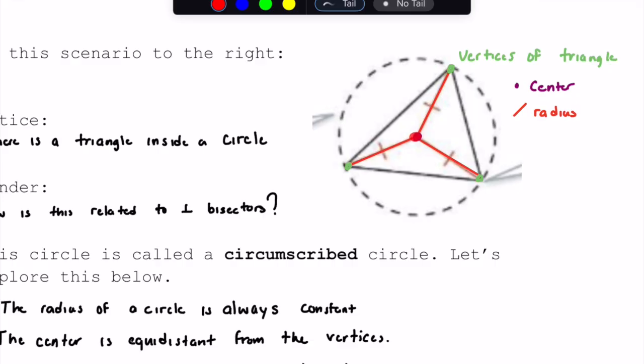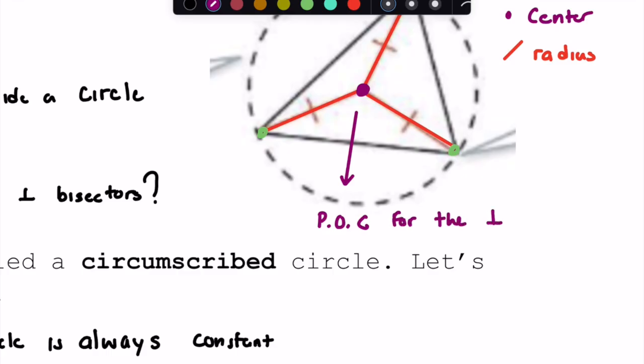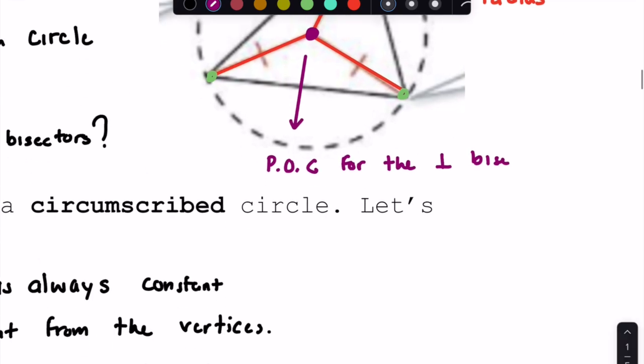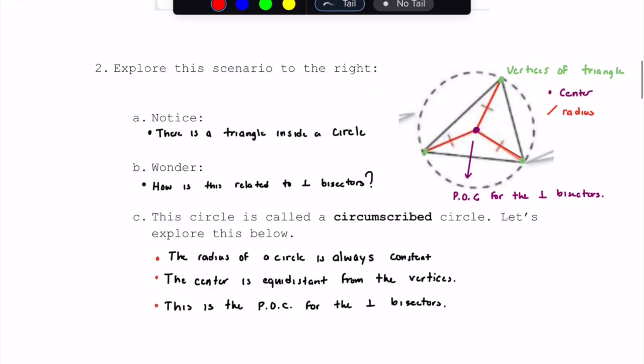The center of the circumscribed circle is the point of concurrency for the perpendicular bisectors. And I want you to note that the circle is on the outside while the triangle is on the inside. We're going to see a case where that's different.